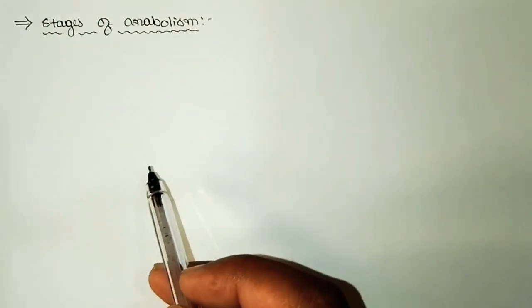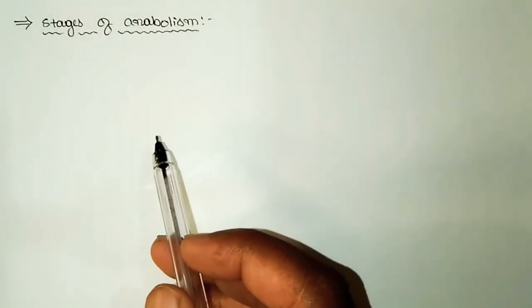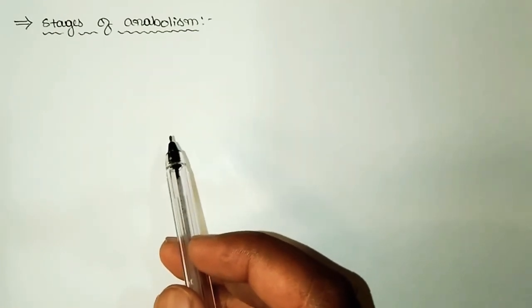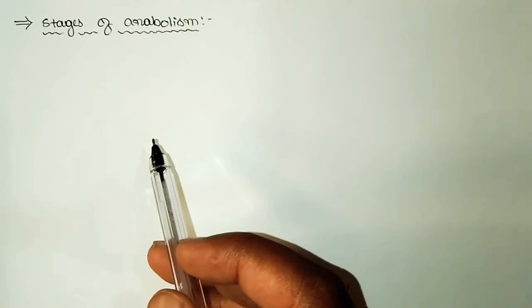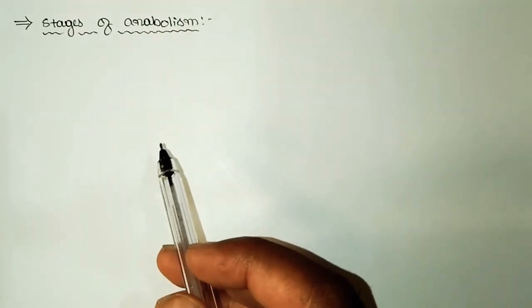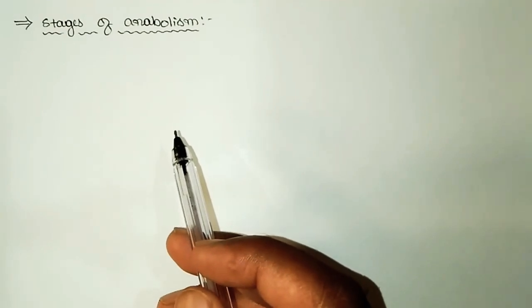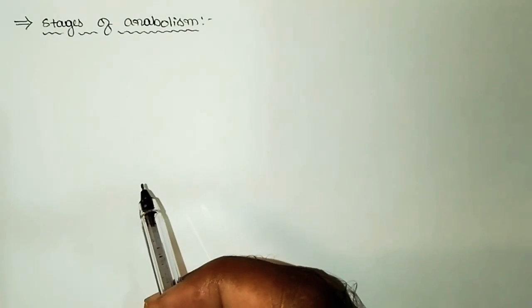So now we shall see the stages of anabolism. Like in catabolism, in anabolism also the reactions will take place in 3 stages. So now we shall see what the 3 stages of anabolism are and what happens in each stage of the anabolic pathway.